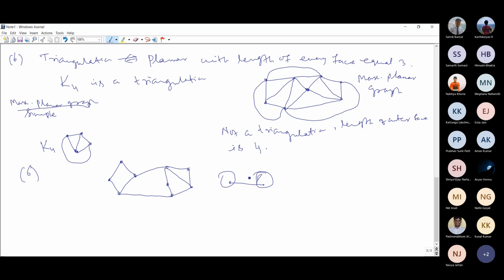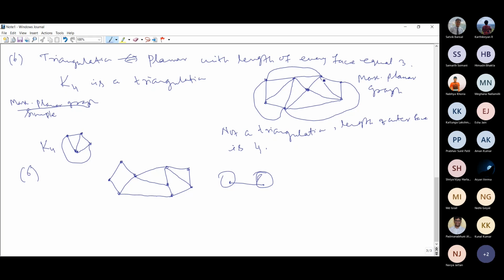Ma'am, in that graph, you have to add another edge to make it maximal planar. Not this graph, ma'am, the above graph. Where is that edge you are finding? It should remain planar also.